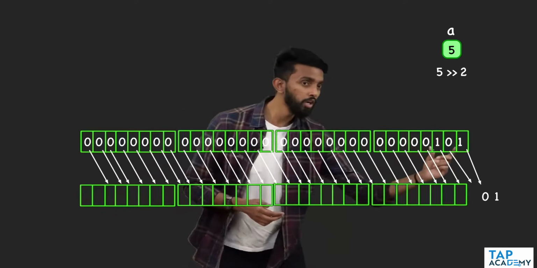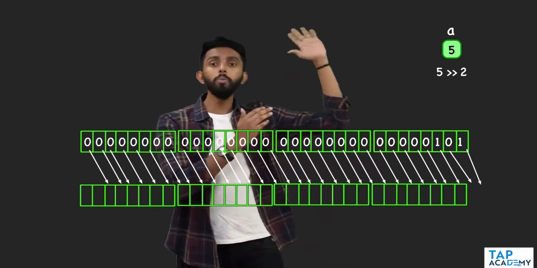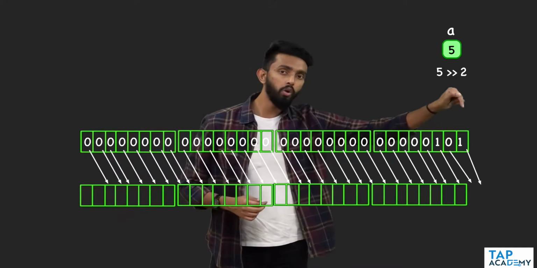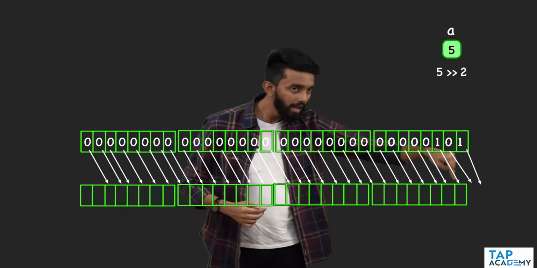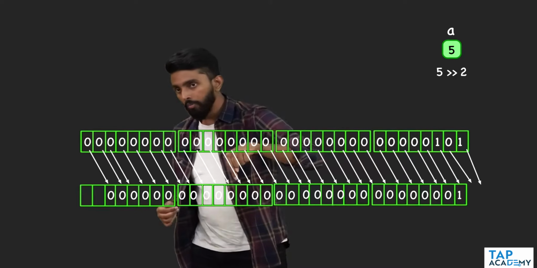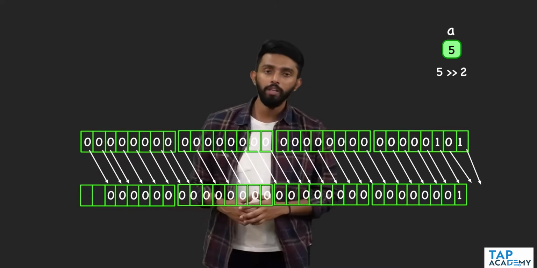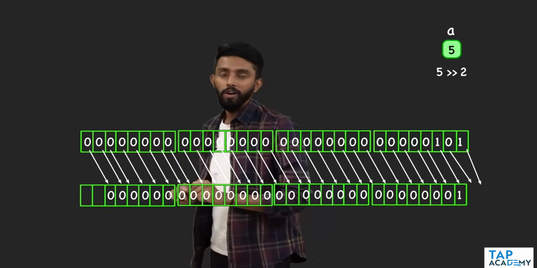If you right shift 2 times, you know that the last 2 bits will be lost. This 0, 1 will be lost. 1 is going to come to the last bit, and rest everything will come to its own position as I'm showing. These last 2 bits will be empty. If these last 2 bits are empty, then what will be filled there?